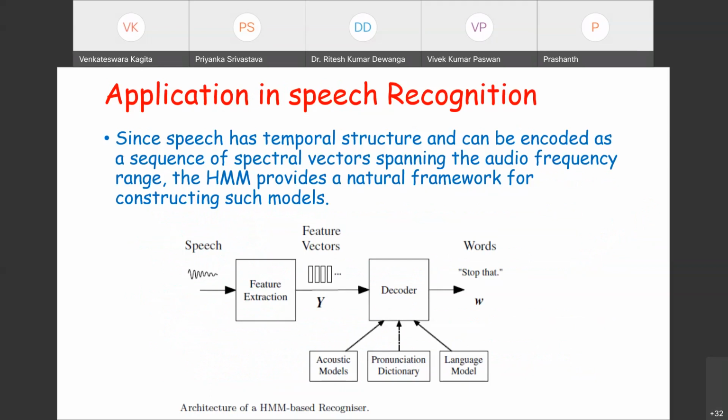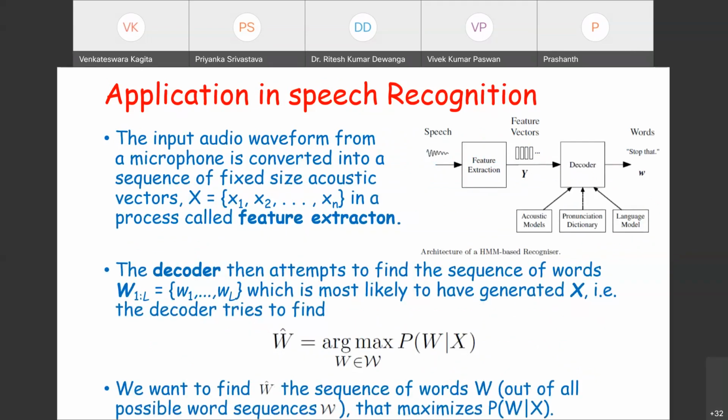So how do we do this? We convert the input audio form into a sequence of fixed size acoustic vectors, or in other words, we extract features from the audio waveform.